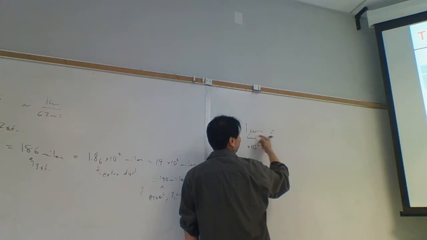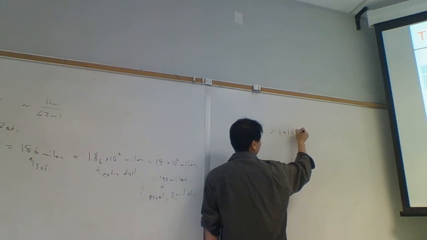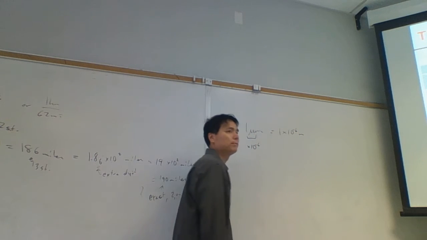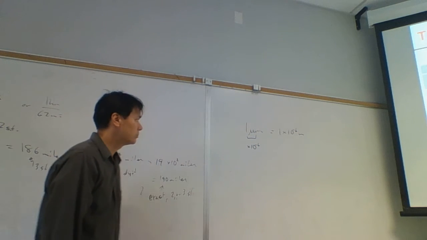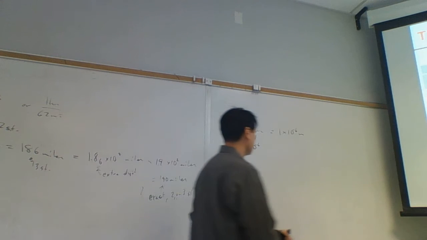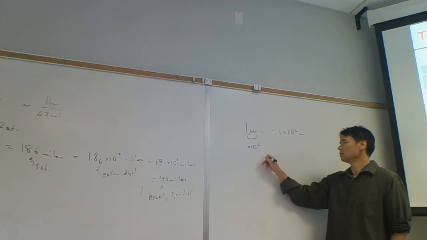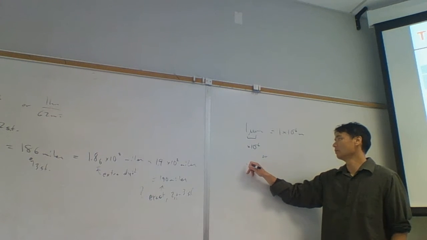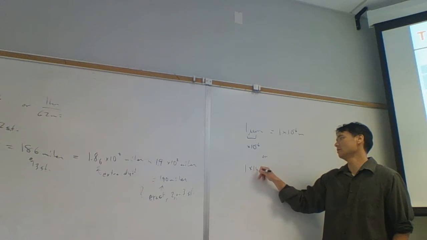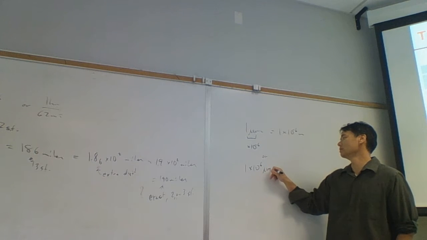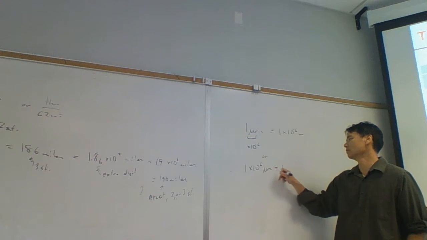And so 1 micrometer is 1 times 10 to the minus 6 meters. That's one way. And so we could do it micrometers in a meter, or micrometers per meter. The other way of doing this would be that there would be 1 times 10 to the positive 6 micrometers in 1 meter, just inverted.